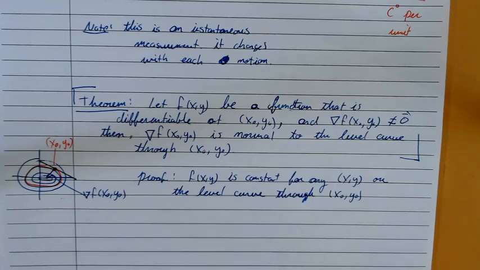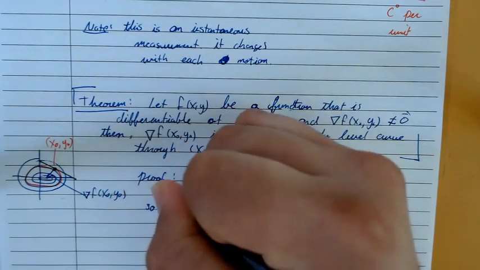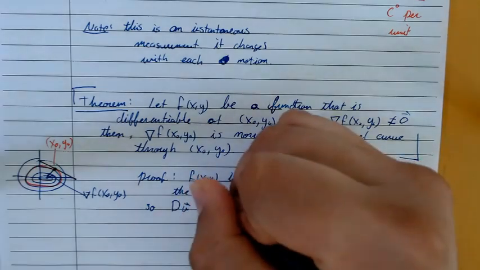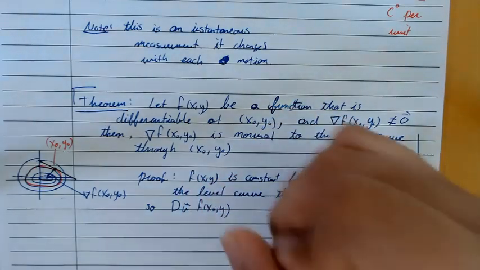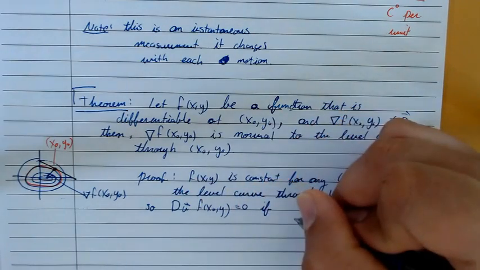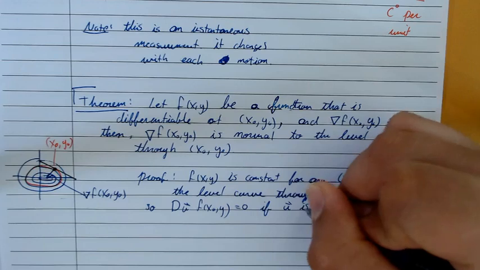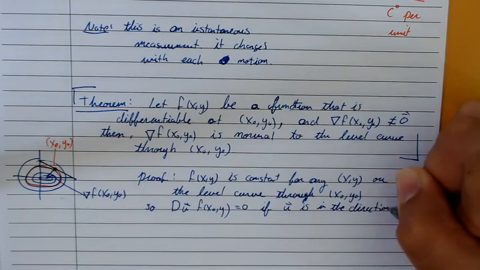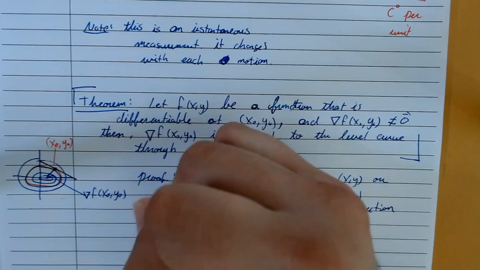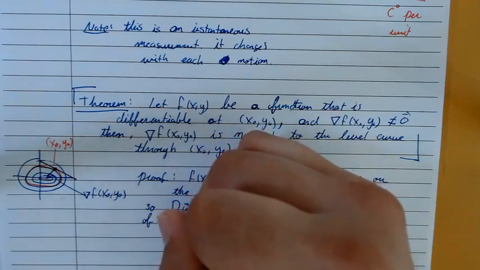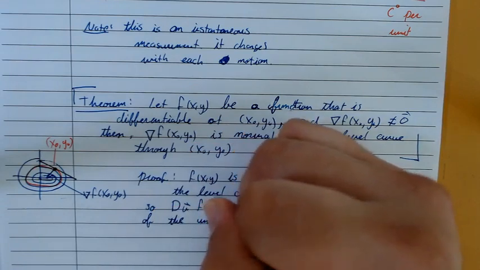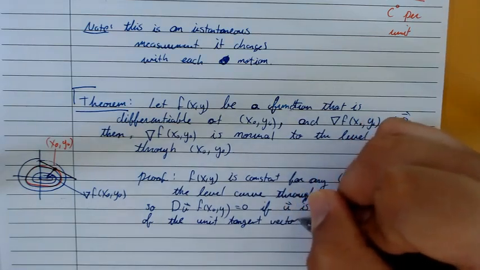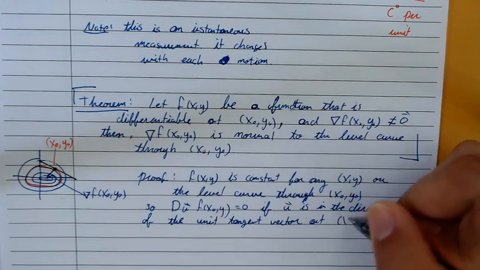Okay. So now, that means that the directional derivative in the direction of u of f of x naught comma y naught is equal to 0 if u is in the direction of the unit tangent vector at x naught comma y naught.